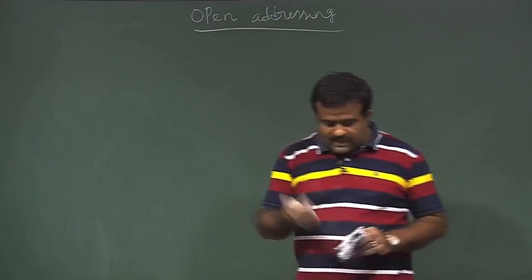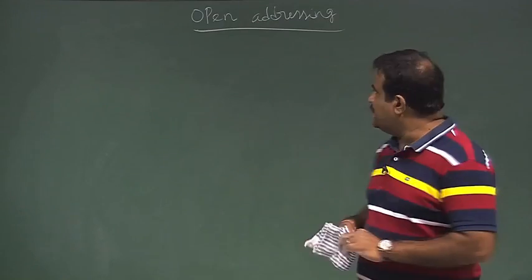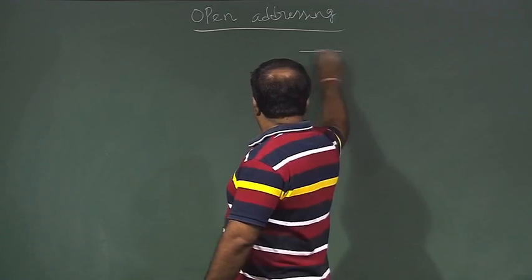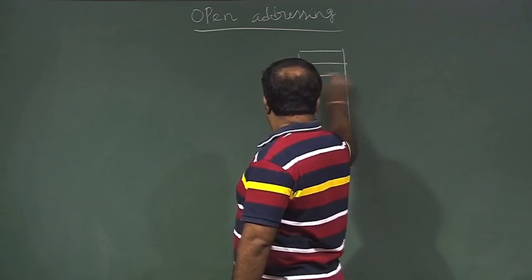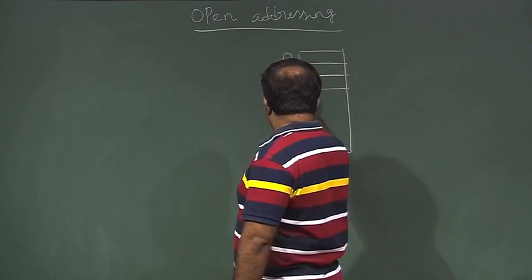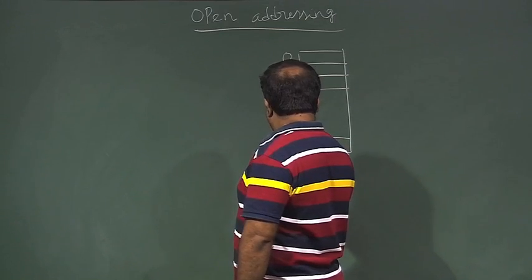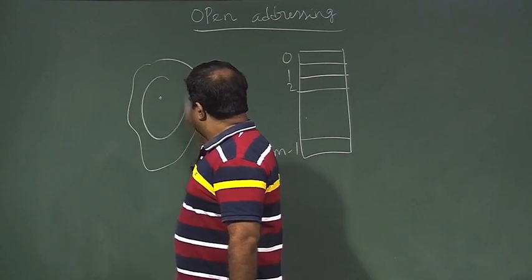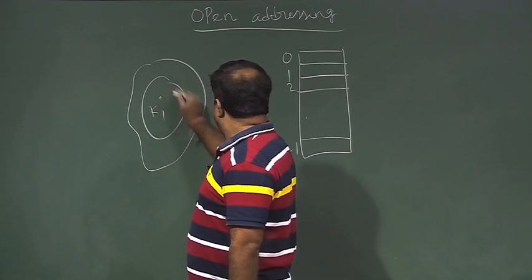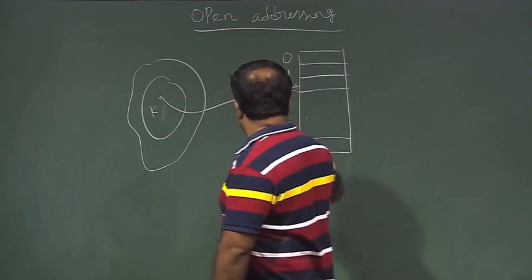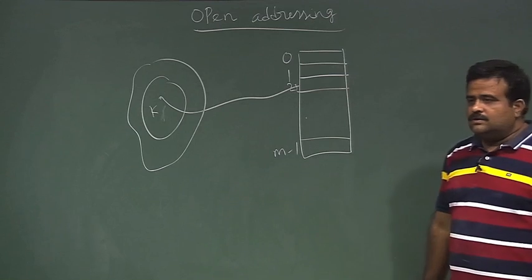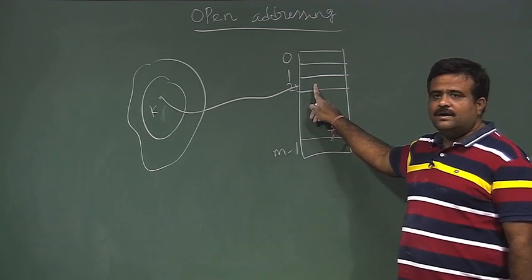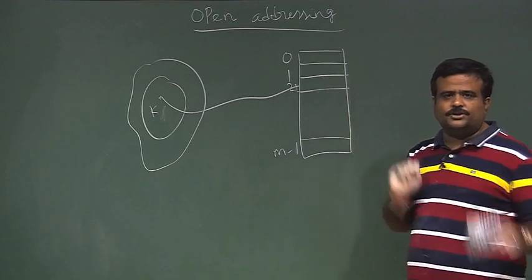Okay. So what is the idea? We have a table 0, 1, 2, up to m minus 1. We have a key, say K10, and we map it over here. Now suppose it is hitting an empty slot, then there is no issue.